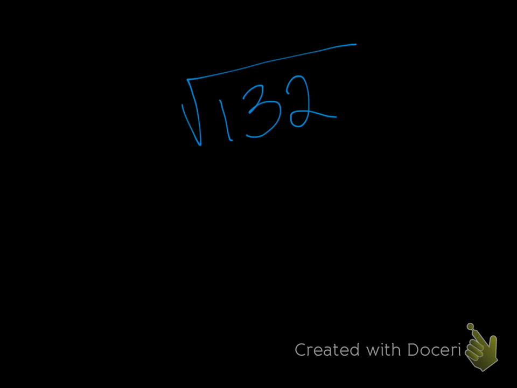Okay, guys, sorry, I had to pause because I don't have a calculator, so I just wanted to double check. All right, so the perfect square factors are, I did my little math and I got a 4, and I forgot what I said. 4 times 33? 4 times 33. I'm just double checking. Yep.